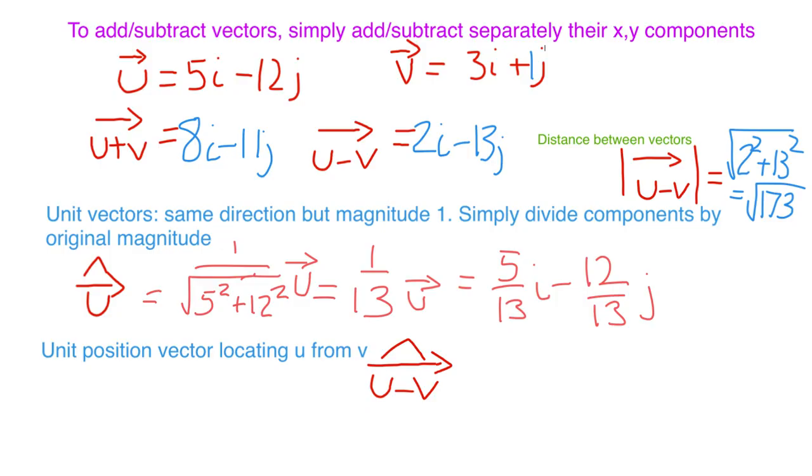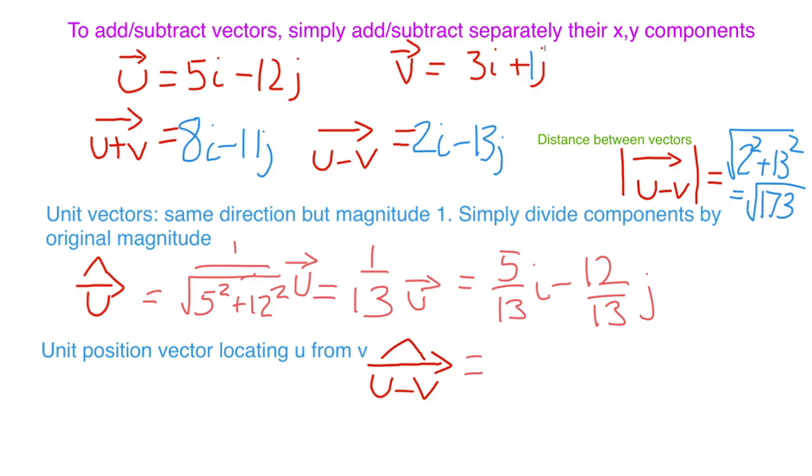One other thing we need to be able to calculate is the unit position vector locating u from v. So this is if you start at v and you draw a vector towards u, but because it's a unit vector, its magnitude is only 1. So all we do is find the unit vector of u minus v.